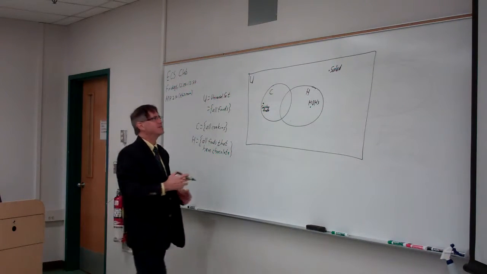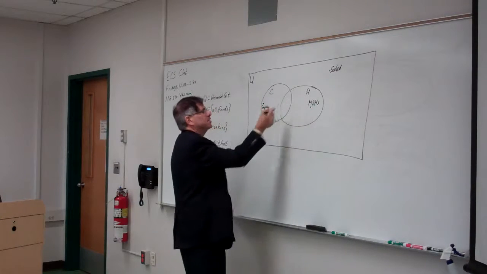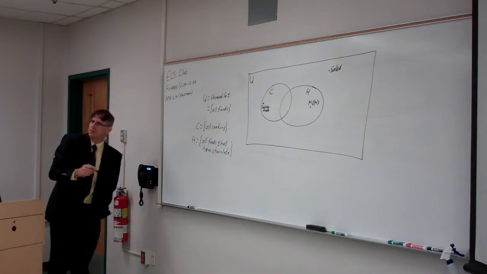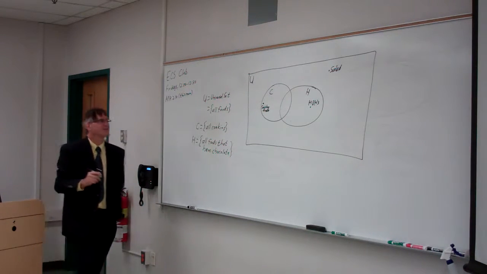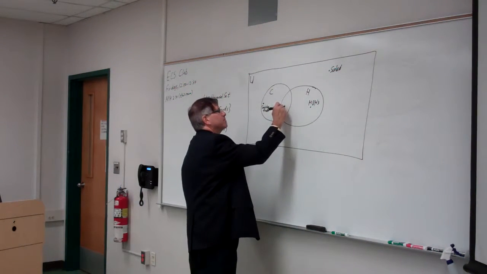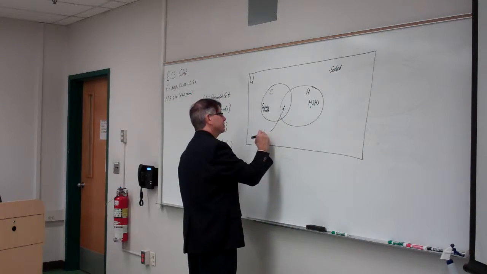And I've drawn these set representations so that they overlap. Why is that? Because there are things that are in both sets. For example, this might be a chocolate chip cookie.